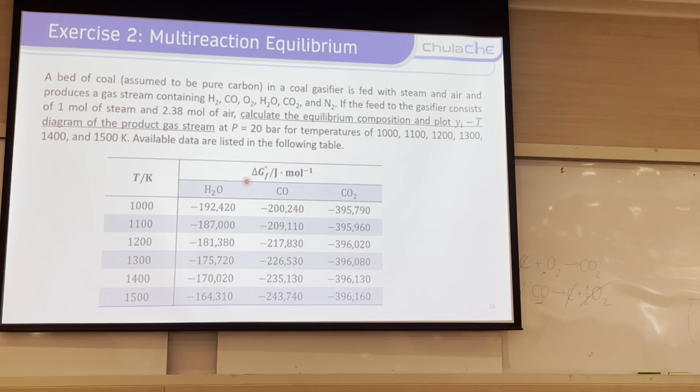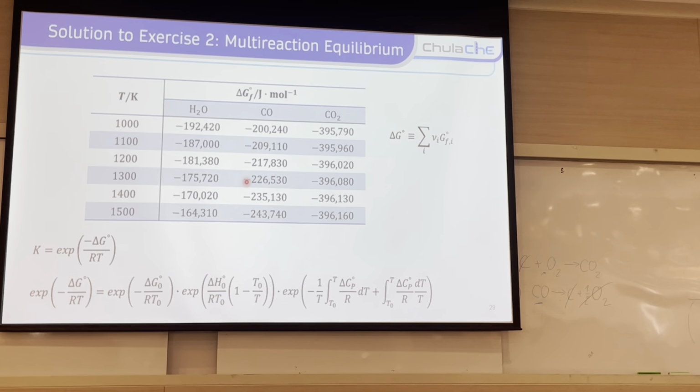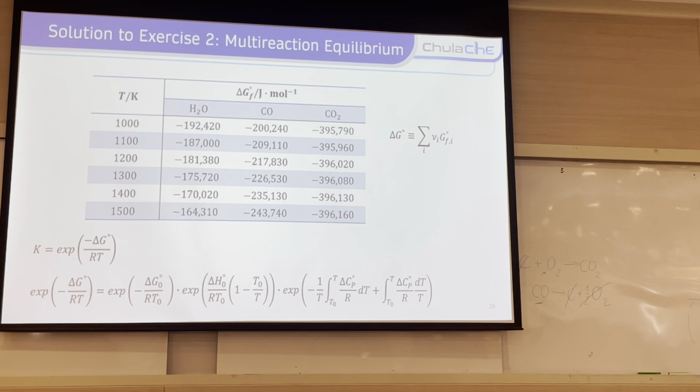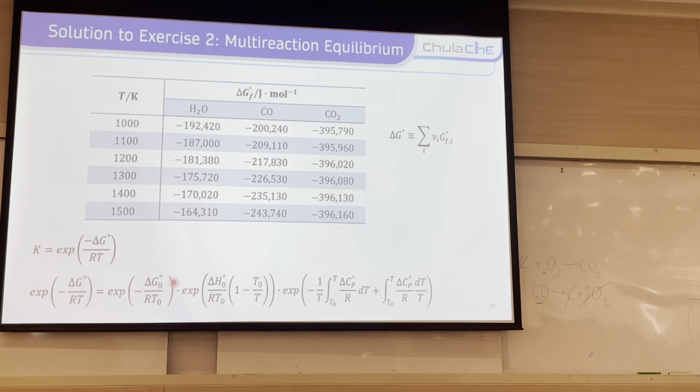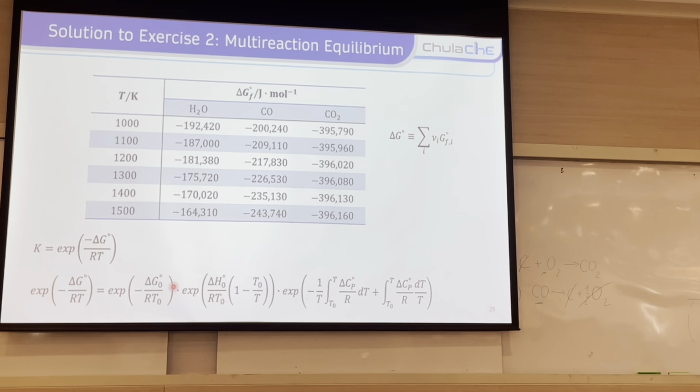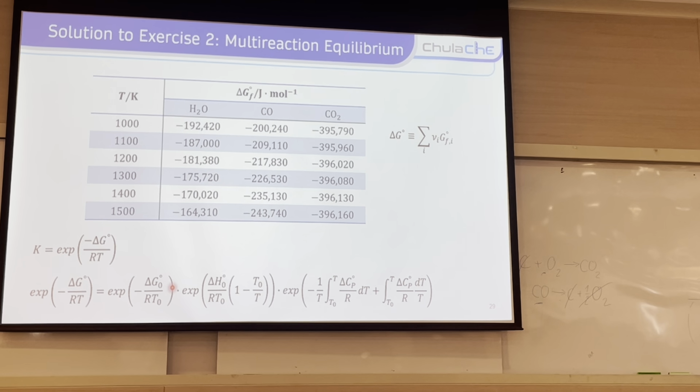The equilibrium constant, right? But what is unusual about this example is that usually when you calculate the equilibrium constant, you use the standard Gibbs energy change at the reference temperature. If you remember, at the reference temperature with the subscript 0 here. And you just add another term for heating, changing the temperature from the reference temperature to the reaction temperature.